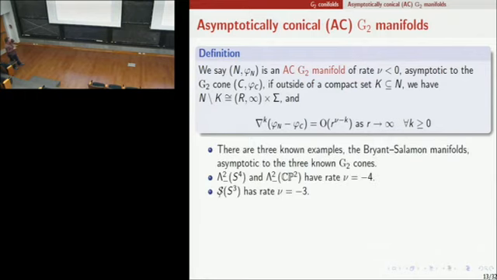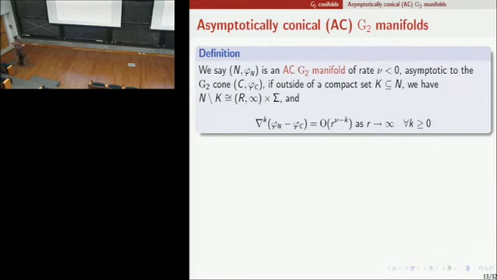The first thing to say about this definition is that there's only one end. You can a priori ask for multiple ends, but because the holonomy is exactly G2, these things are irreducible. Actually, let me go back here.